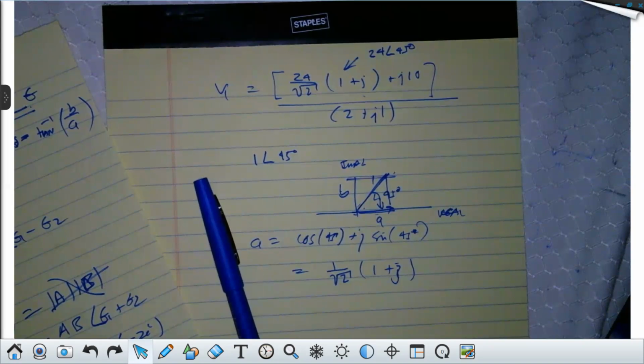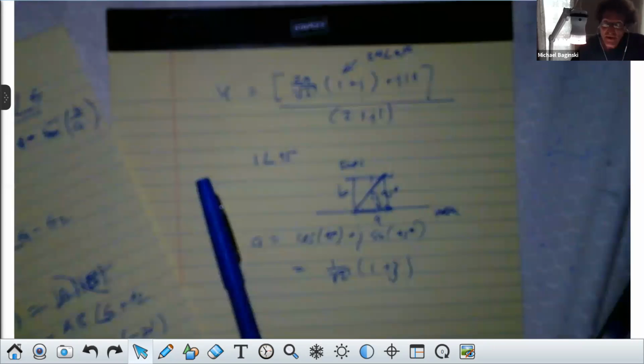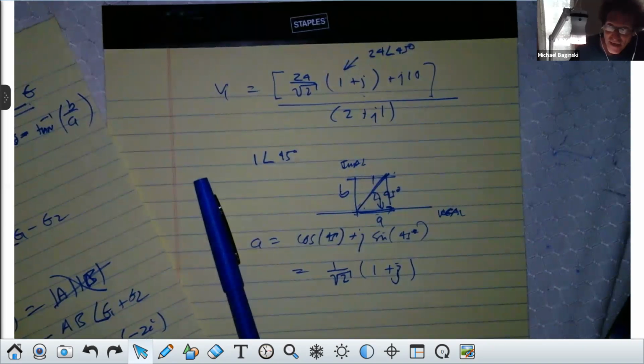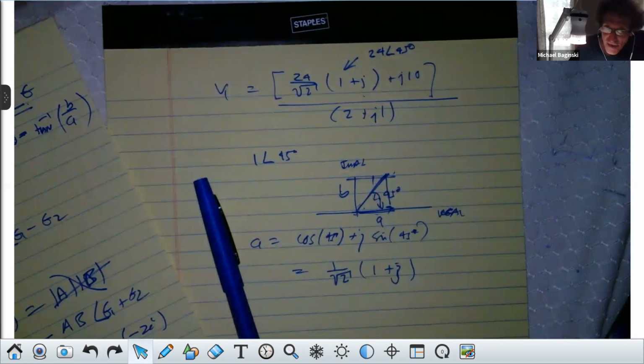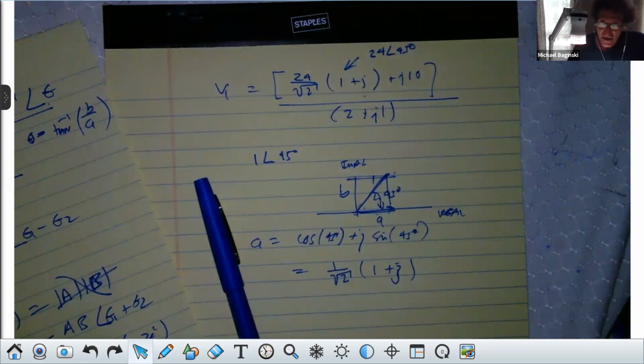What I'm really getting at is if you don't know how to use your calculators, now is the time. You've got people here that can help you. Trust me, in this class, no matter how much I yell about knowing how to use your calculators, there will always be somebody that says, I don't know how to do this on my calculator. I've given you fair warning.